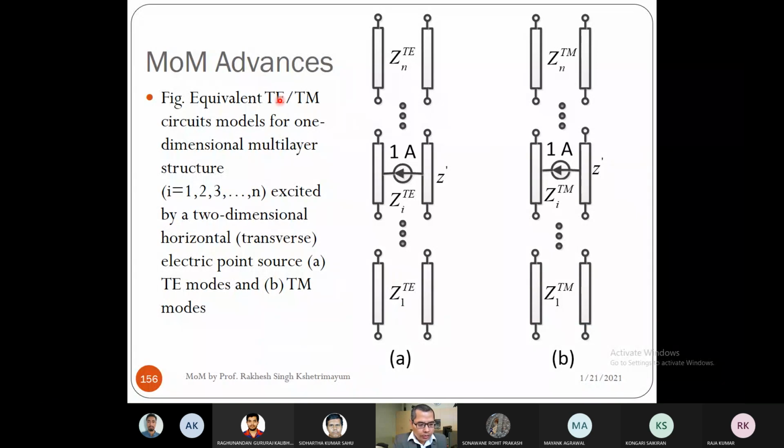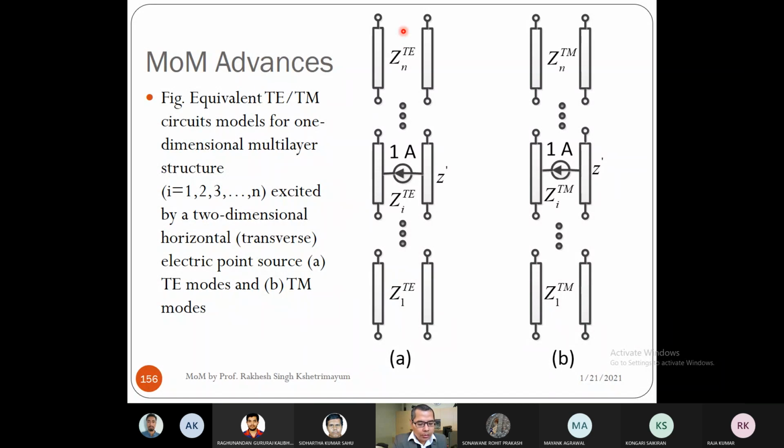TE means transverse electric. Transverse means perpendicular. The electric field will not have any component along the direction of propagation of the wave. The electric field is perpendicular to the direction of propagation of the wave. Let's say the wave is propagating along the z-axis, then the electric field will not have any component along the direction of propagation. Similarly, TM means the magnetic field will not have any component along the direction of propagation of the wave.